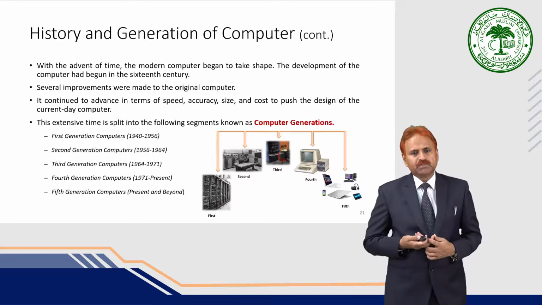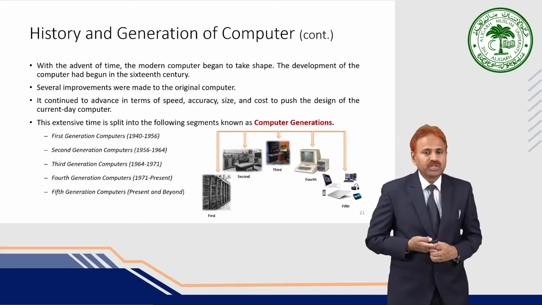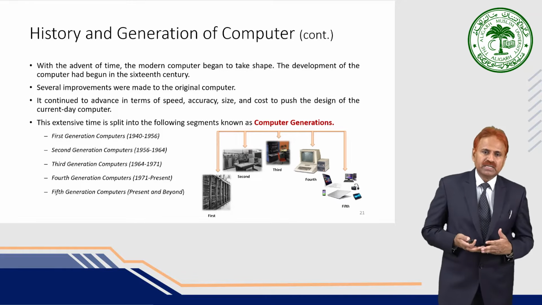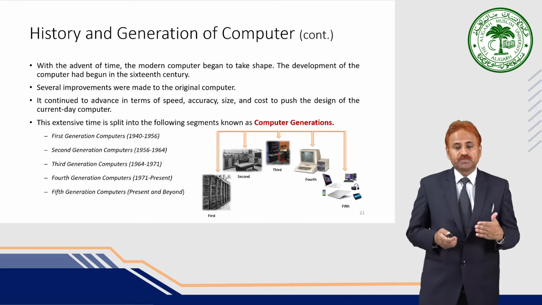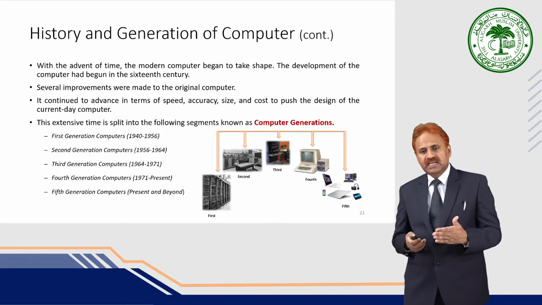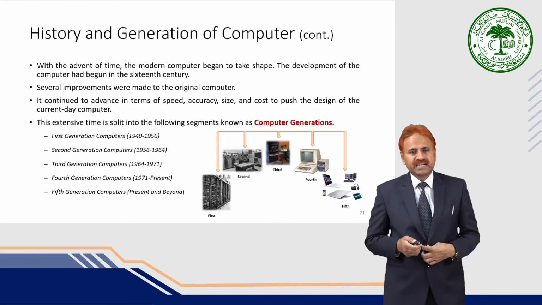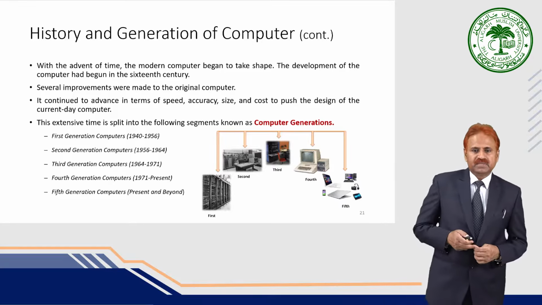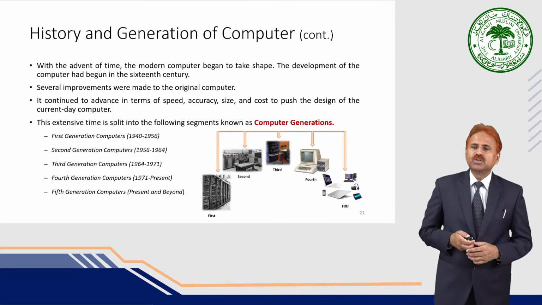The development of computers had begun in the 16th century. Several improvements were made to the original computer. It continued to advance in terms of speed, accuracy, size and cost to push the design to the current day computer. This extensive time is split into the following segments known as computer generations.